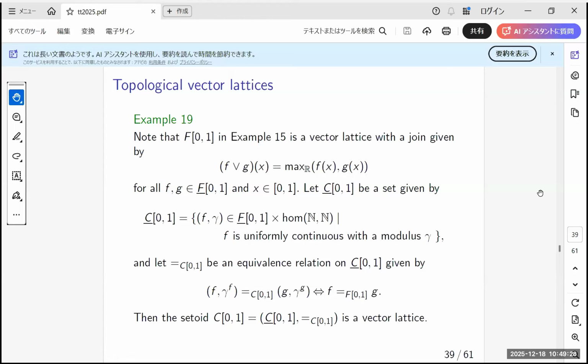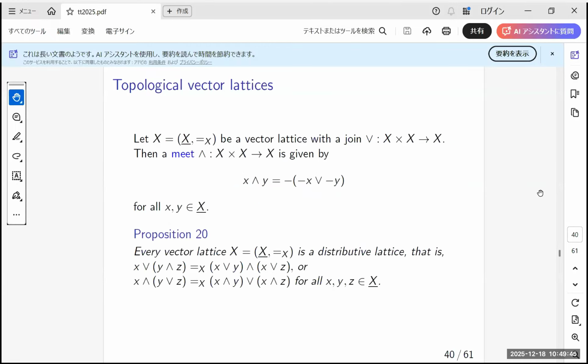And then we can introduce equality, just use the equivalence relation on function space. Then the setoid is a vector lattice. And also, in a vector lattice, we can define a meet in this way. And every vector lattice is a distributive lattice with join and this meet.